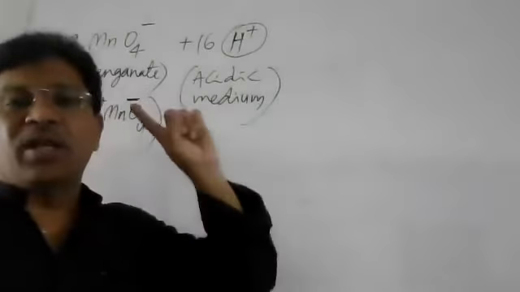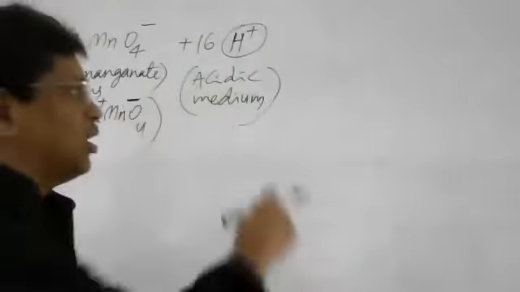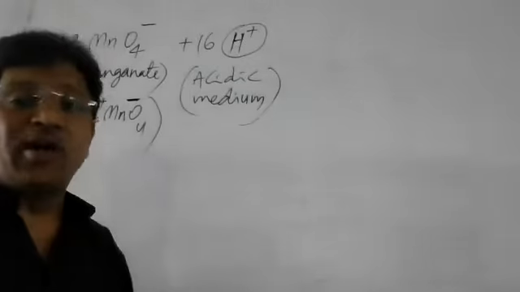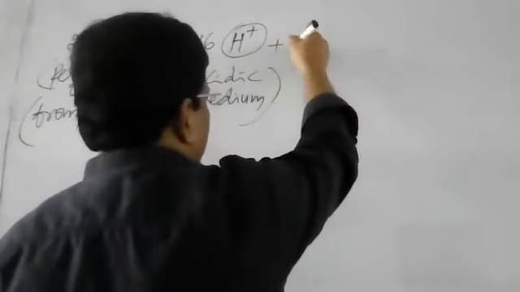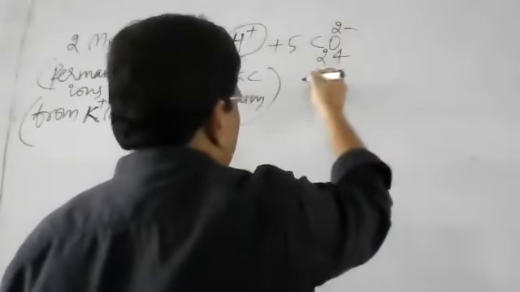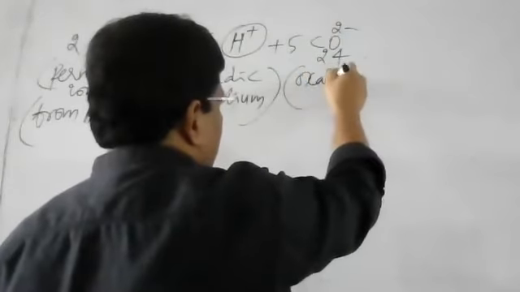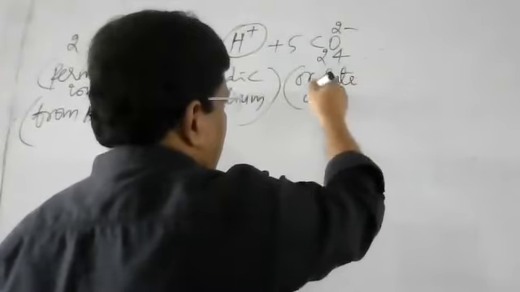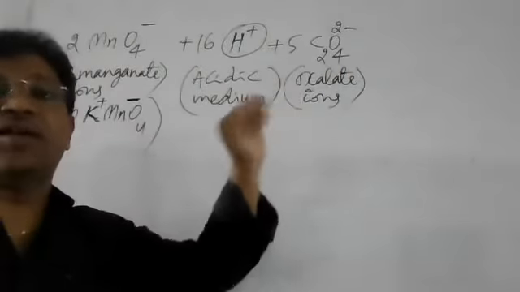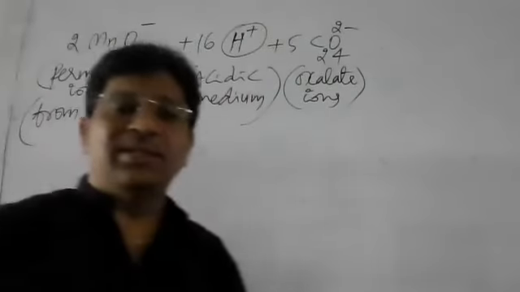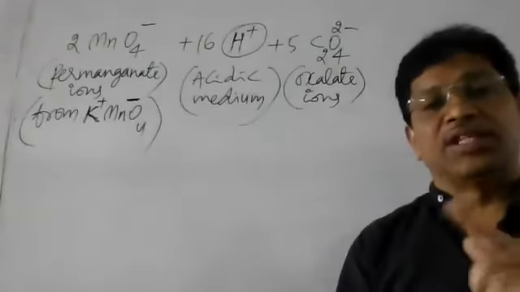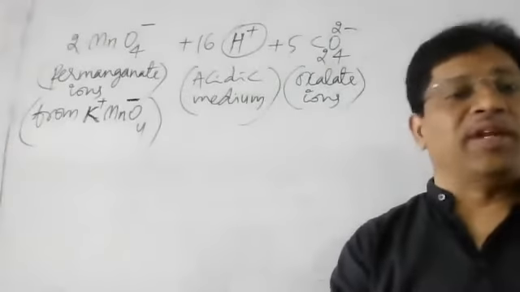So in acidic medium, 2 moles of MnO4 minus are reacting with 5 moles of oxalate. How many moles of oxalate ions have we taken? 5 moles of oxalate ions. 5 moles of oxalate ions and 2 moles of permanganate ions interact with each other, in acidic medium.